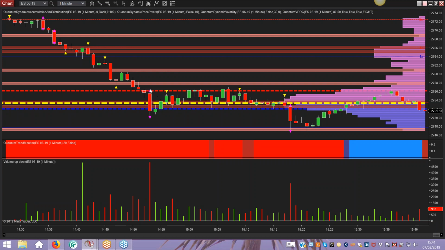But nevertheless, it gives you that trigger of volatility, the trigger of market maker, big operator participation on that particular candle, and the possibility of a reversal, or at the very least congestion. In this case it was congestion, but over an extended period. This was 20-25 minutes, something like that.